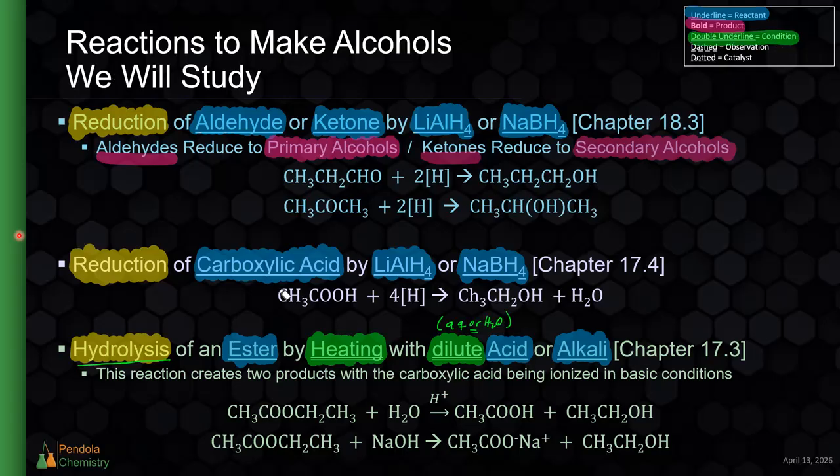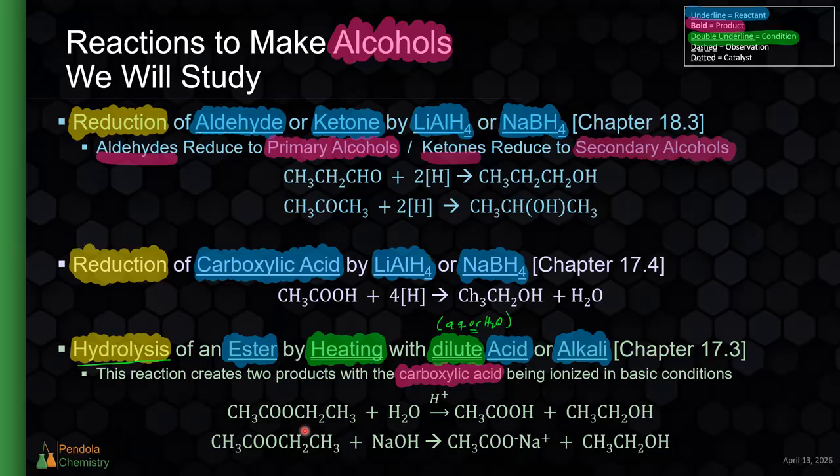Now, when we do this, we do actually get not just one, but two different products. The first product is a carboxylic acid, and the second product is an alcohol, which I don't actually believe I have one here, but I'll just highlight it here at the top. It's an alcohol. So, we're going to look at that reaction in the next section.